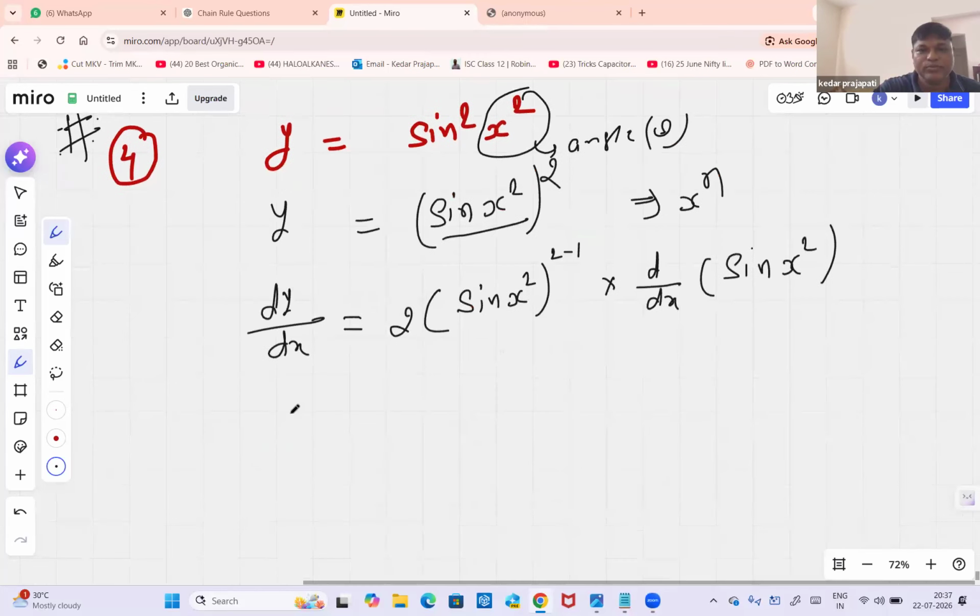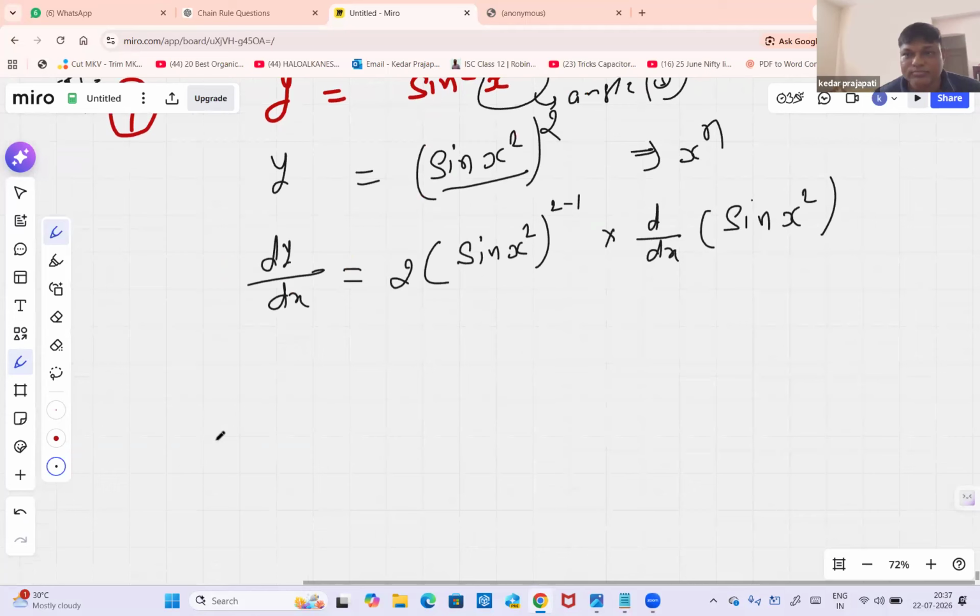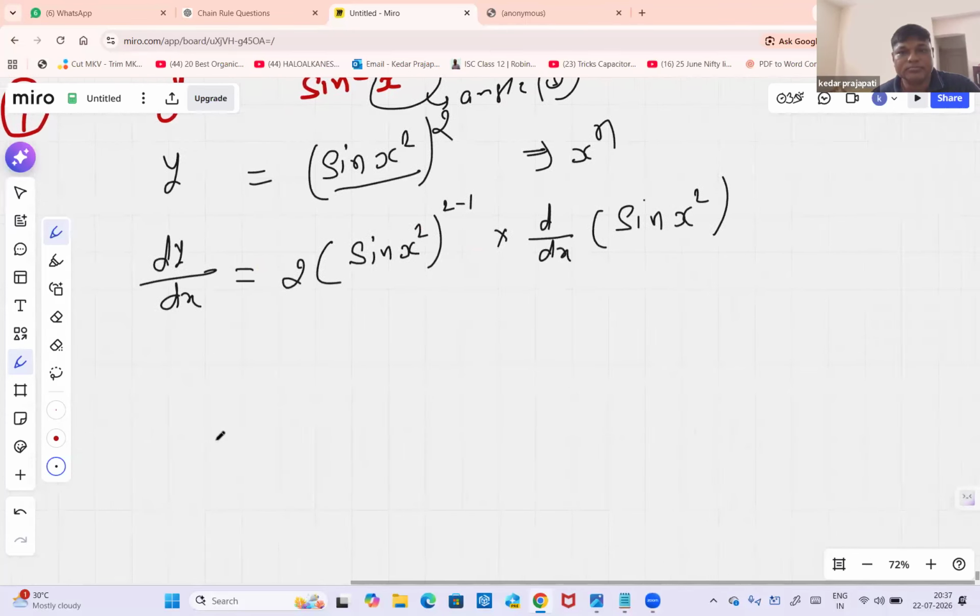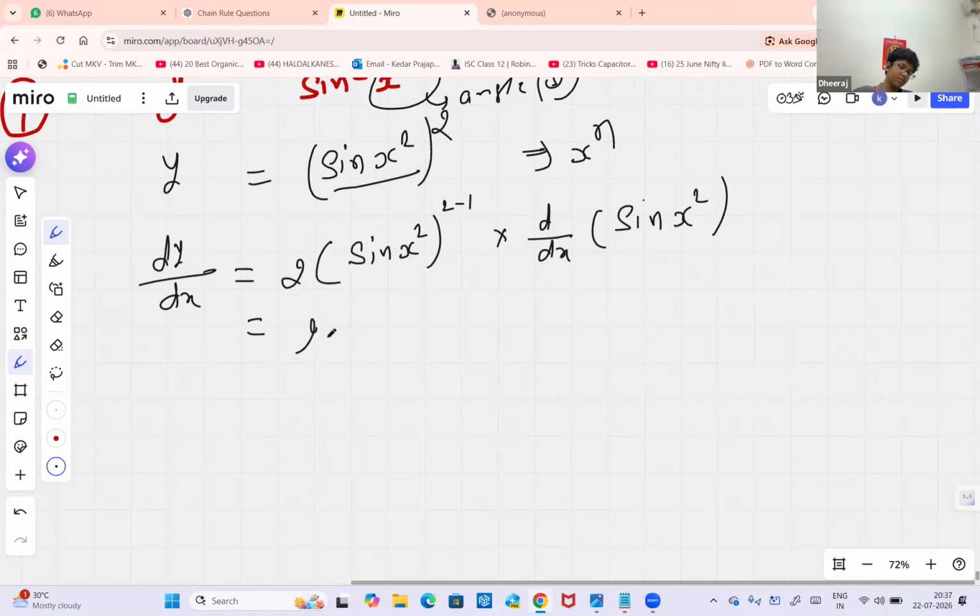Until here we can do now. So it is 2 sine x square, 2 minus 1 is 1, into now d by dx of sine x square. How much will come? This is theta now.